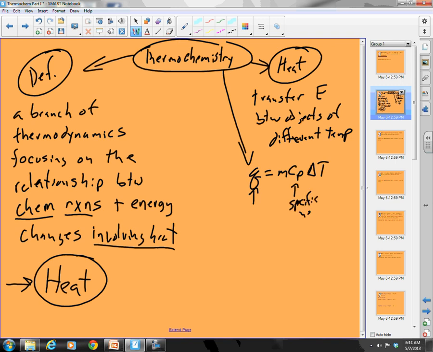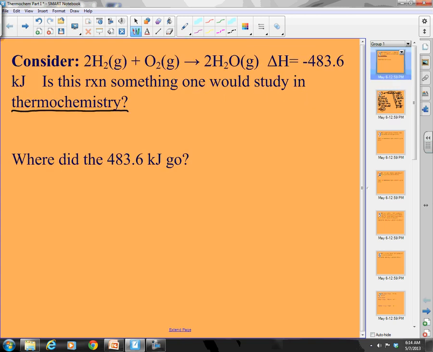And we learned some things about phase changes, and that in a phase change, Q is different. Q is usually moles or mass times a latent heat of something. And we learned how to do heating curves. So you already know something about heat, and we're just going to go into more detail in this unit. So back to our question.